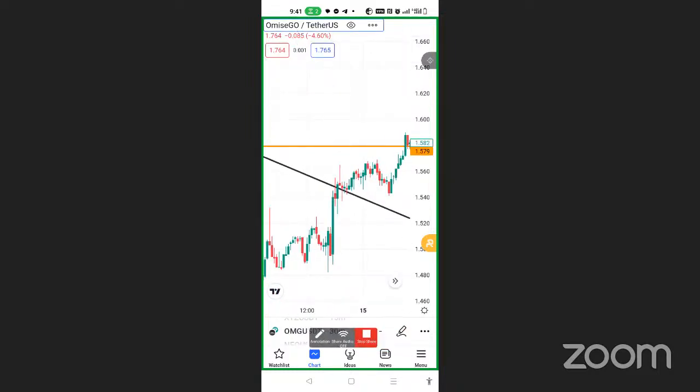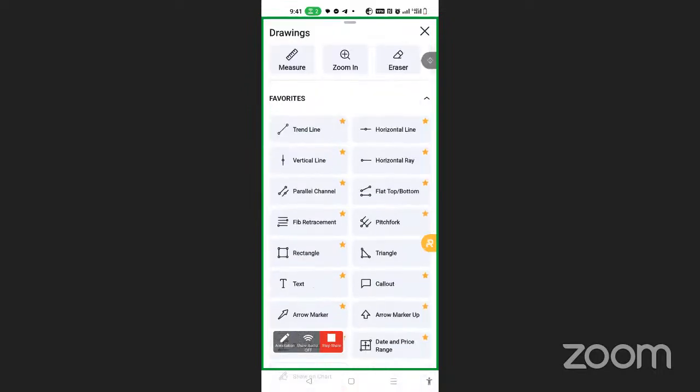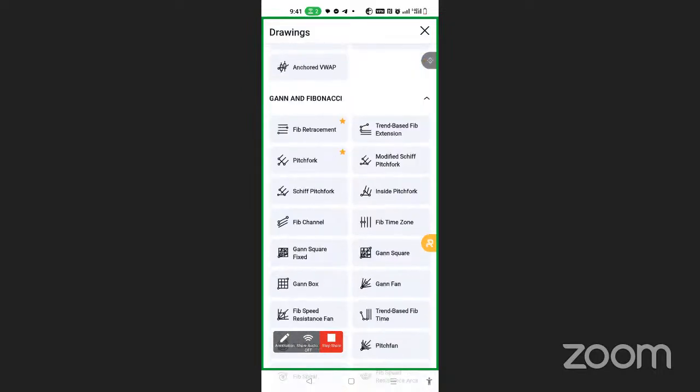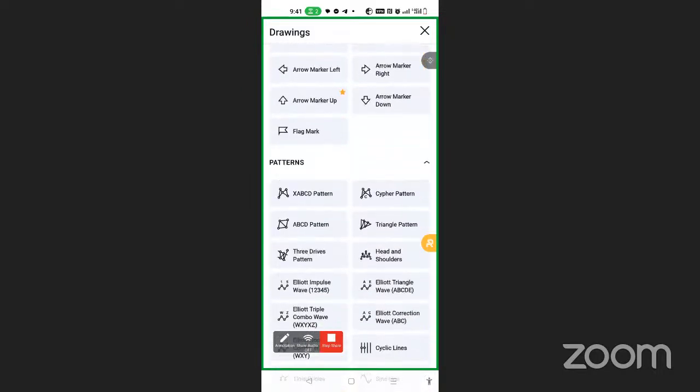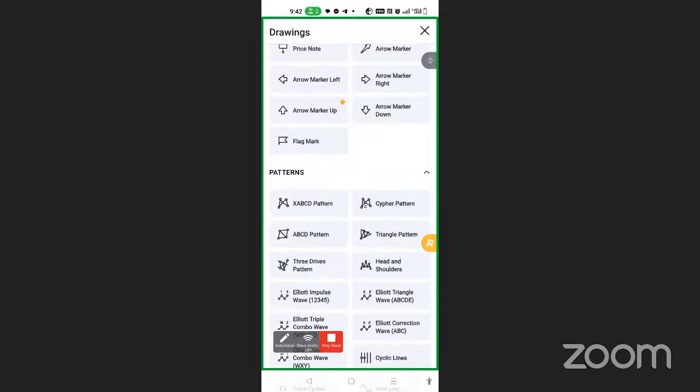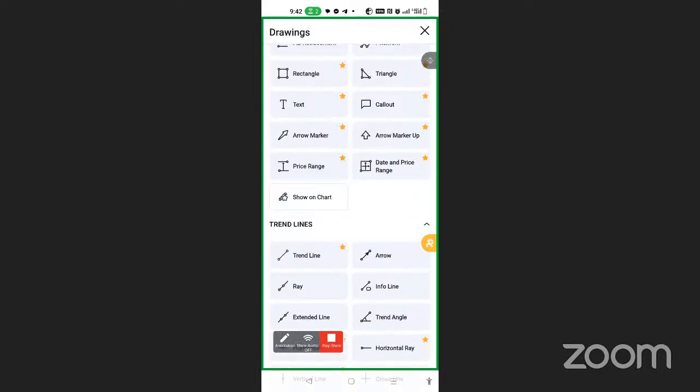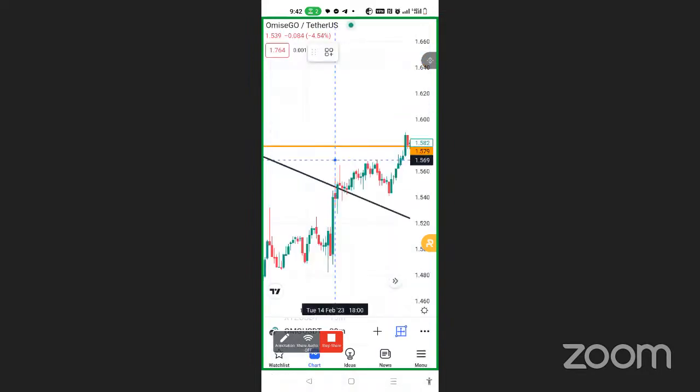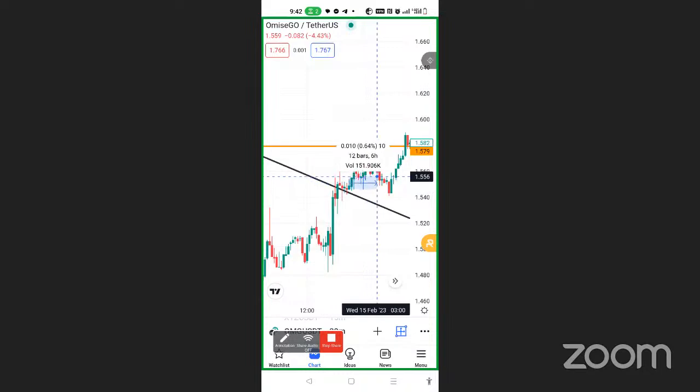So if I tap on this pencil here, I come down. I've already made it favorite. So you pick up this price range, you tap on it, then you make it favorite. Like the date and the price range, you tap on it, then you make it favorite. Okay, so let me use the date and the price range. Maybe I made my entry here. This will show you how many candles and days it took.